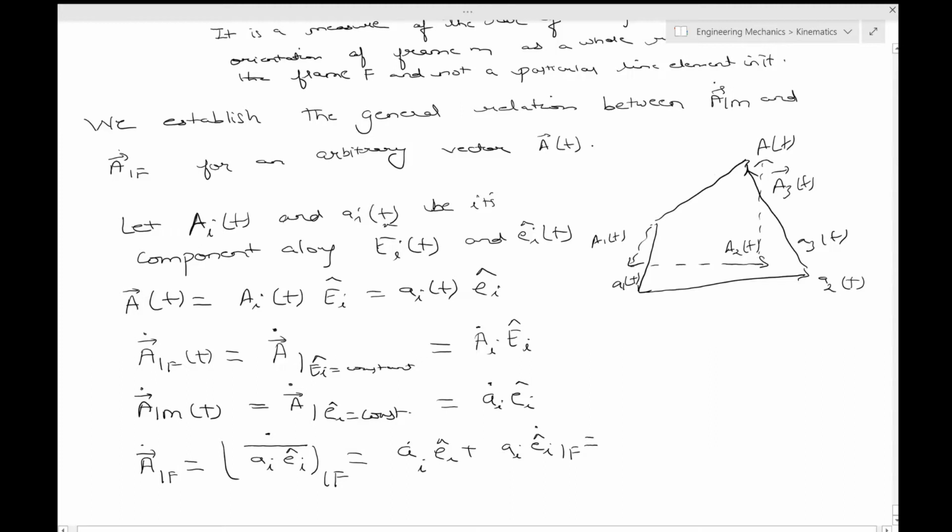This will be equal to, using this one, you can write the first term as A dot with respect to M plus AI into, now this particular thing can be written using equation 1.49. 1.49 was that EI dot is equal to omega cross EI, so that would be omega cross EI.